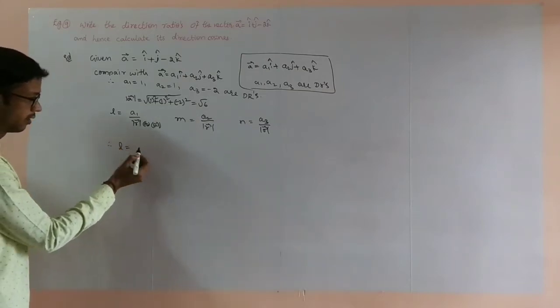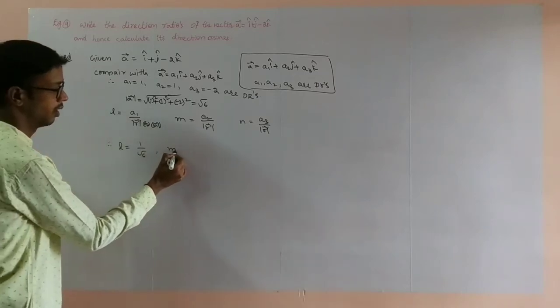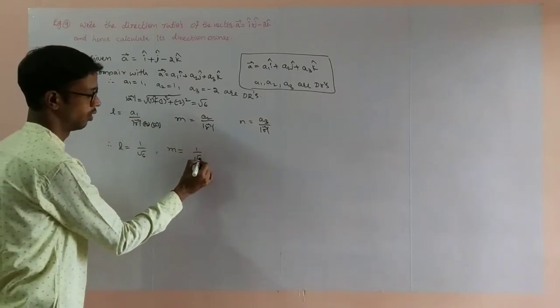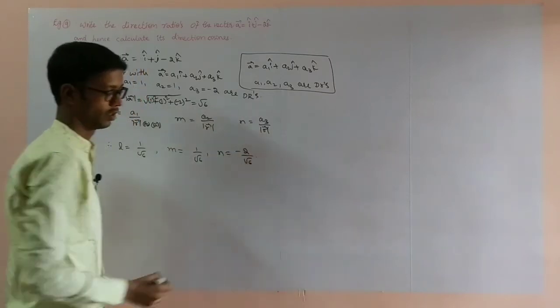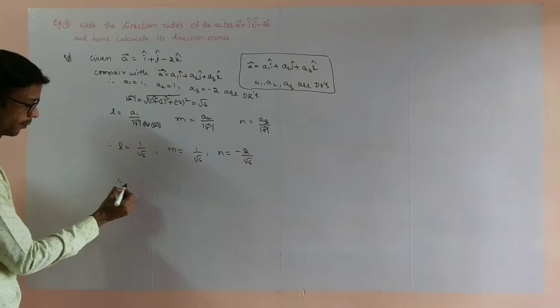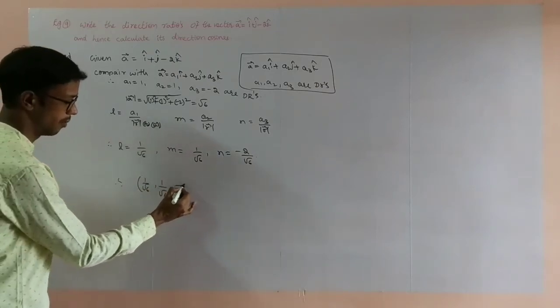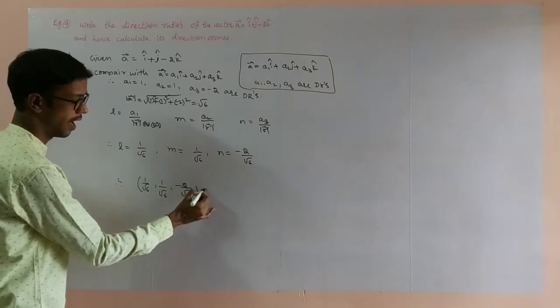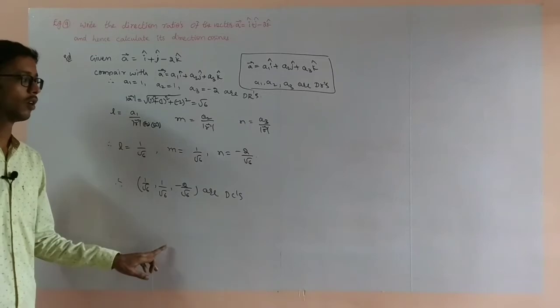Therefore L is equal to 1 by root 6, M is equal to 1 by root 6, N is equal to minus 2 by root 6. Therefore 1 by root 6, 1 by root 6, minus 2 by root 6 are the direction cosines.